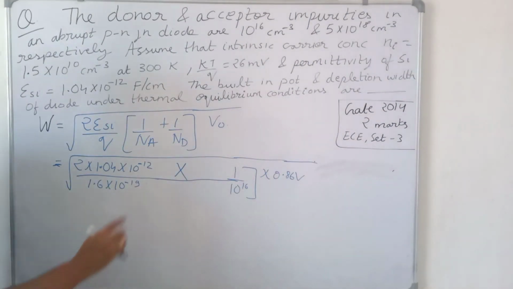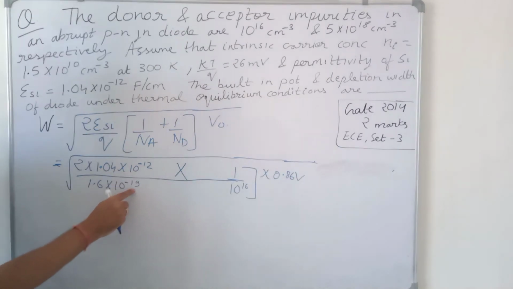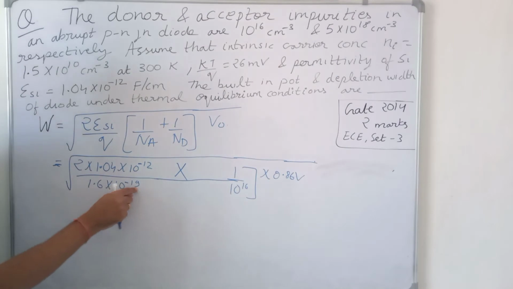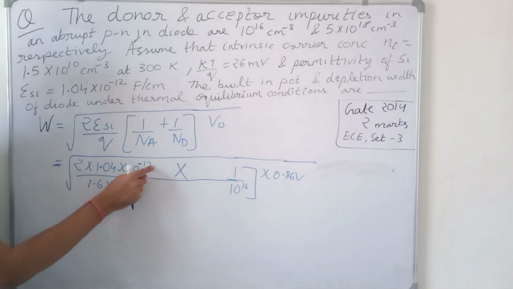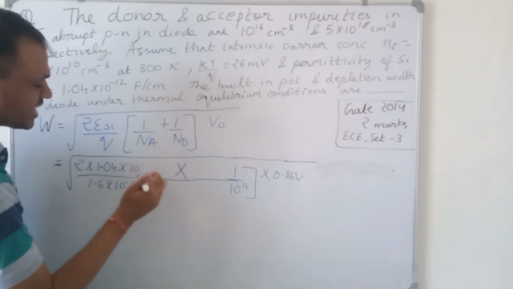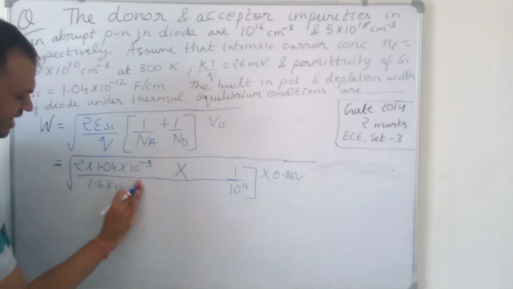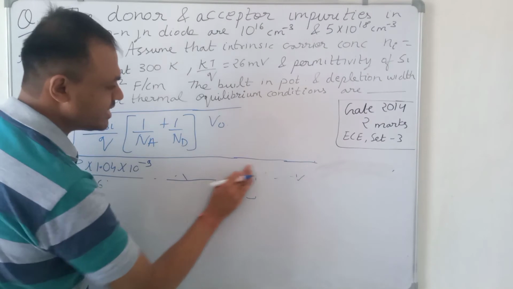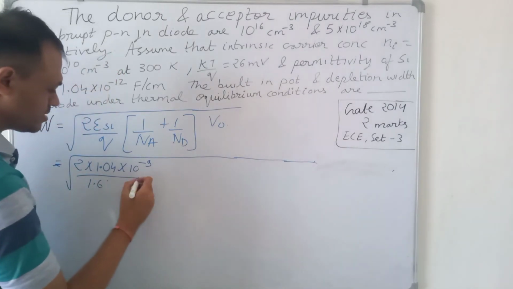Now 10 to power minus 12 upon 10 to power minus 19 and 10 to power minus 16 in the bracket, so it will be 10 to power minus 3 when it goes in the numerator, and then this will become 10 to power minus 9. So we can also simplify it, and into 0.86 volt.